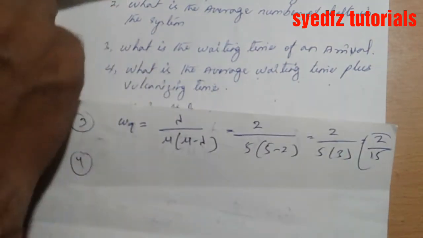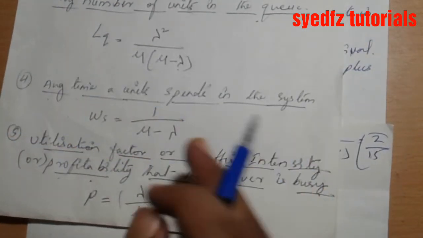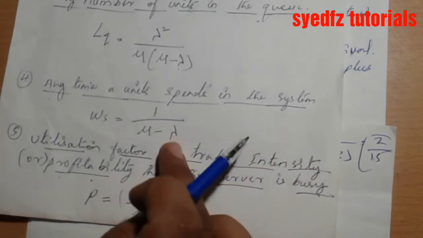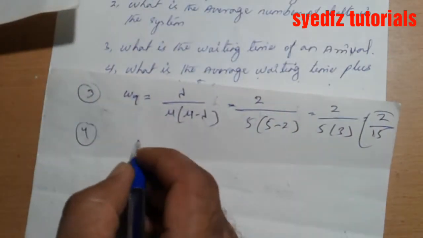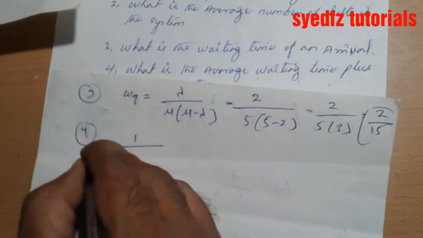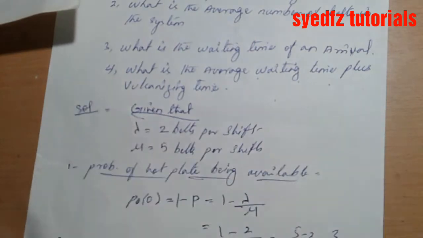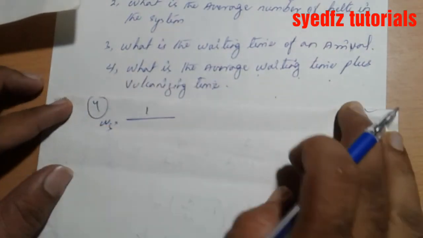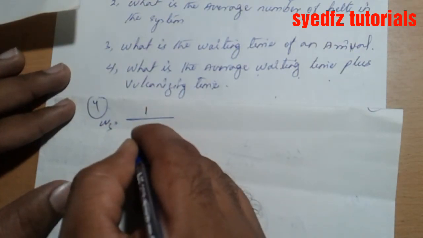That means the waiting time in the system, the average time a unit spends in the system, WS is equal to 1 divided by mu minus lambda.